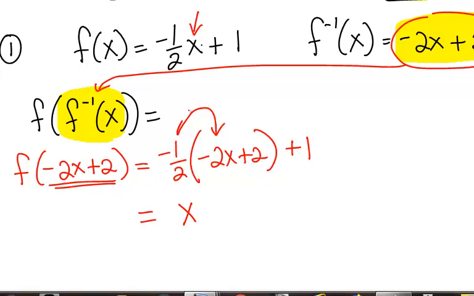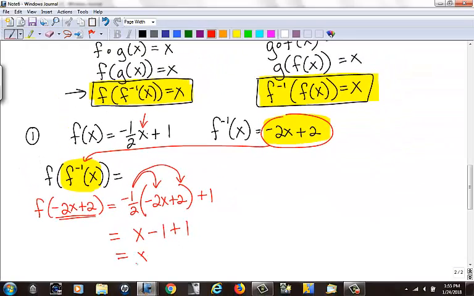Negative 1/2 times positive 2 is negative 1, plus 1. Does it bring you back to x? Yes, so that's the first part.